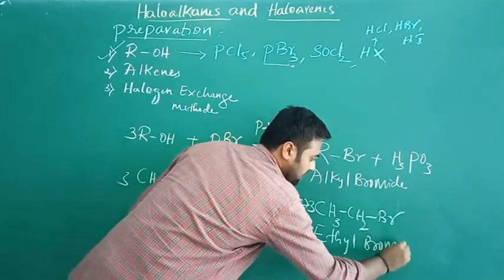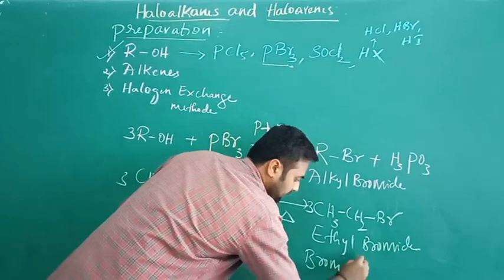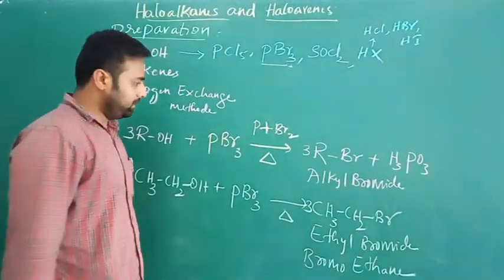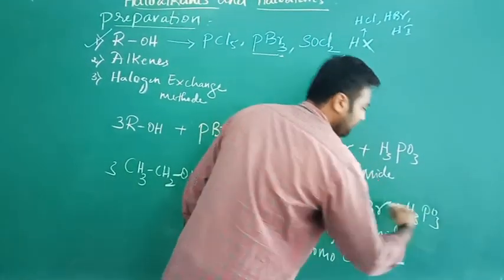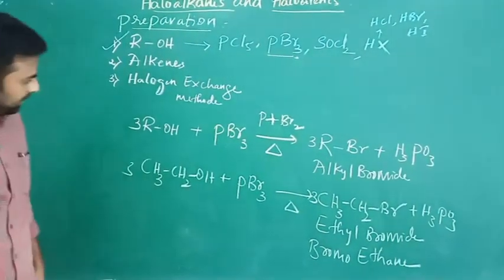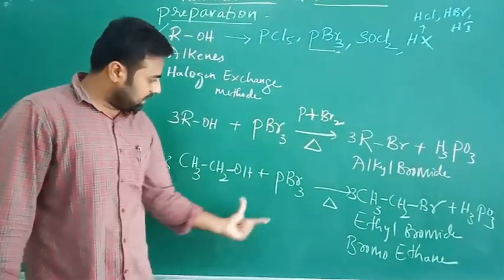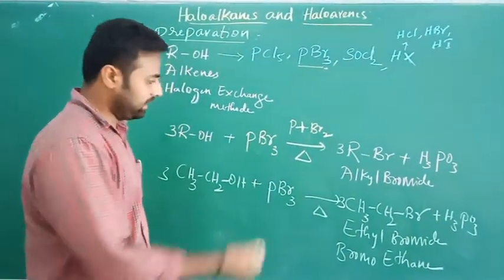The name of this compound is ethyl bromide or bromoethane, and obviously the byproduct is H3PO3, phosphorus acid. This is a very simple reaction. When these alcohols are heated with phosphorus tribromide, that gives the alkyl halide, ethyl bromide.